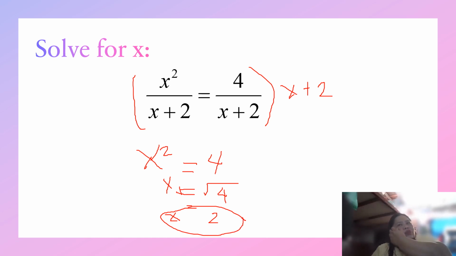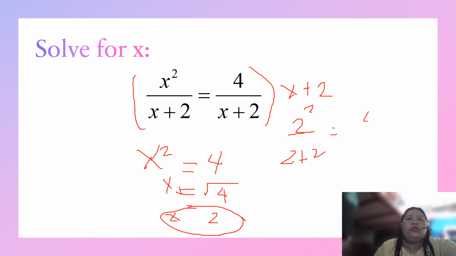Sometimes, in order for you to check if your answer is correct, you can check it on the original equation. So we have 2 squared, and 2 plus 2 is equal to 4, and 2 plus 2.